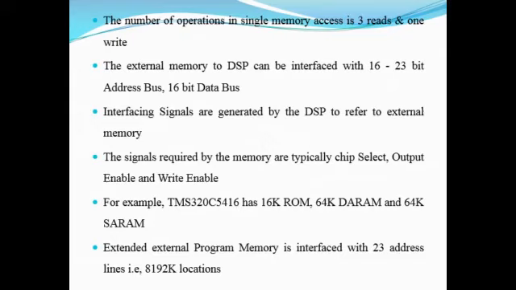For example, the TMS320C5416 is the processor we are going to consider here as an example. It has 16K ROM and 64K RAMs each. So it is 128K RAM, which is separated as dual access 64K RAM and single access 64K RAM.